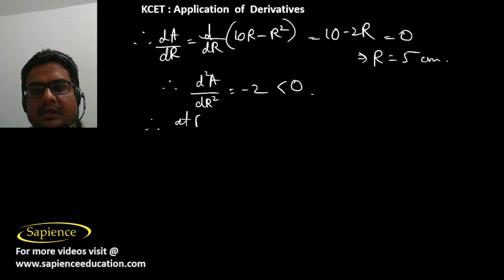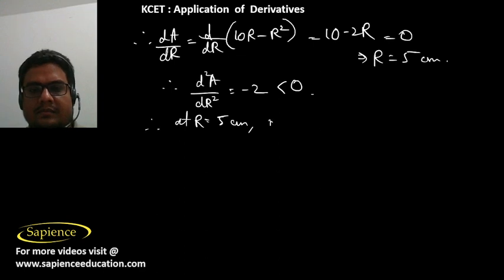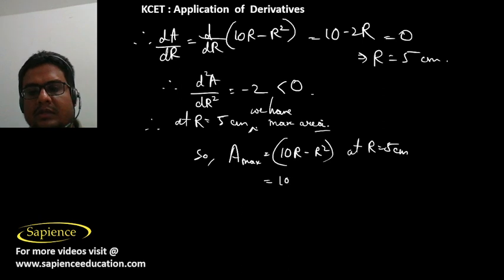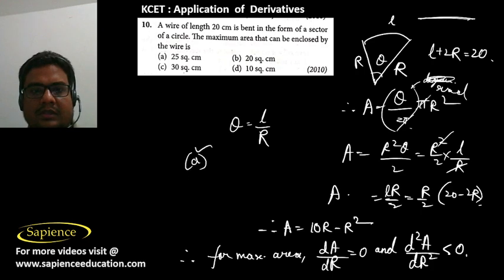Therefore, at the radius equal to 5 centimeters, we'll have maximum. So the maximum area A max is equal to 10 into 5 minus 5 squares. A is the correct answer.